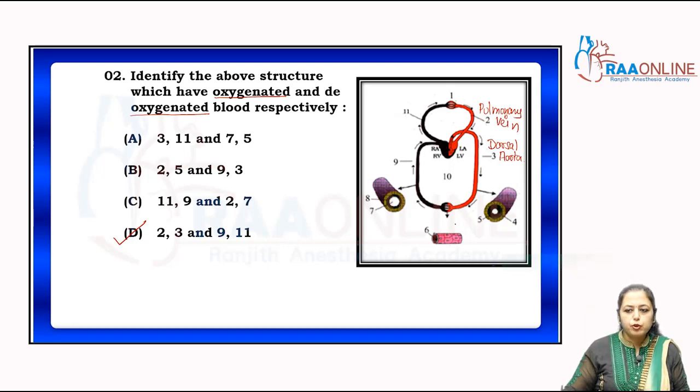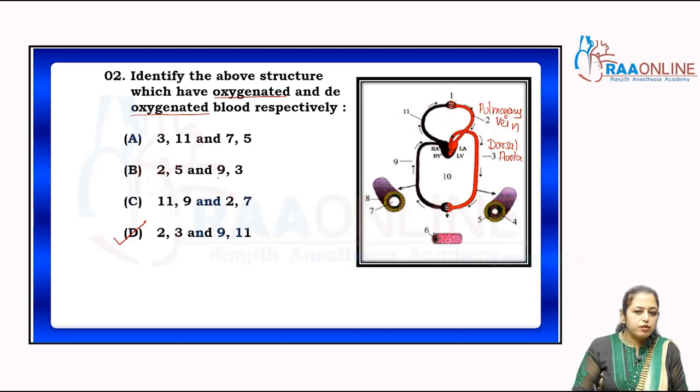Even 5 shows the lumen of the artery, so we can correlate it with the artery. Why will we not consider the fifth one?